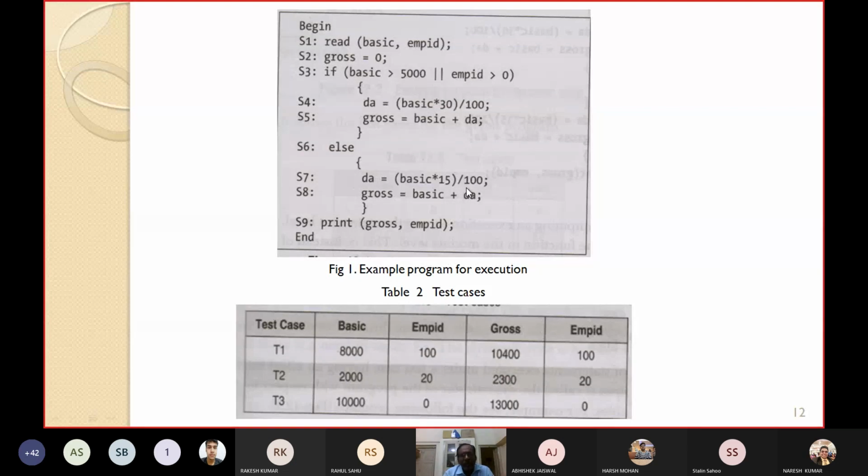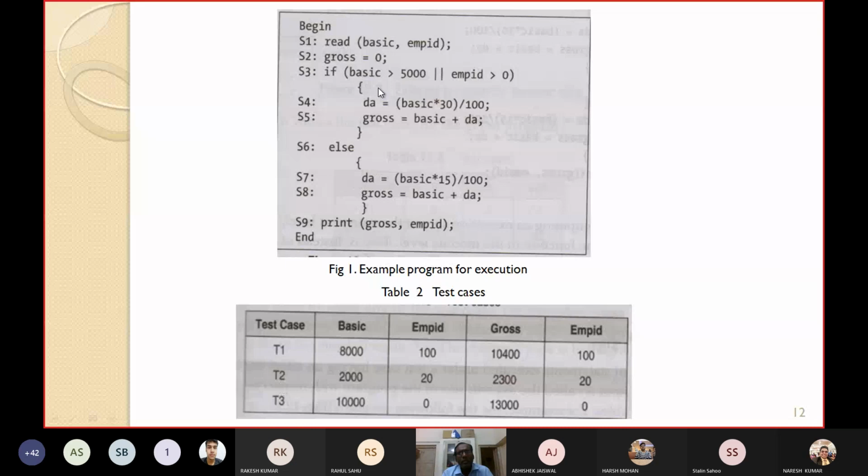Because why? This case is executed when the basic pay is less than 5,000. But T1 and T3 have values greater than 5,000. So why should I rerun T1 and T3? Because they are not affected. The corresponding statements are not affected.